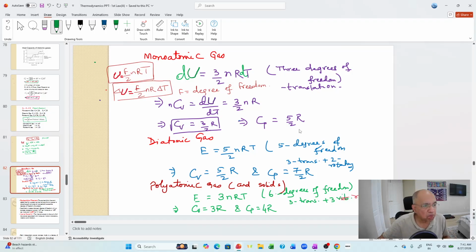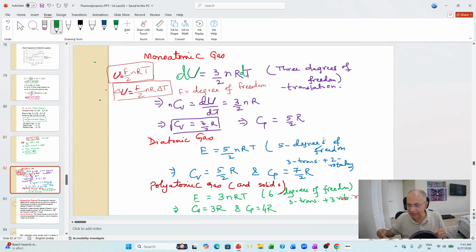So for a monoatomic gas, the atoms have only 3 translational degrees of freedom: x-axis, y-axis, z-axis. You can define the position of a monoatomic particle in 3 dimensions using 3 coordinates x, y, z.